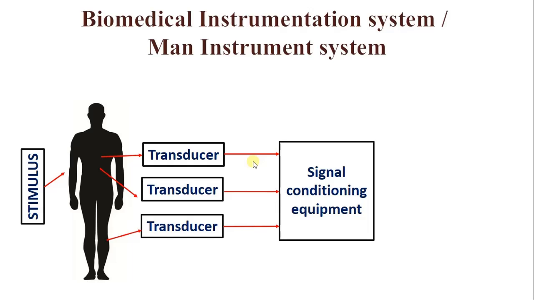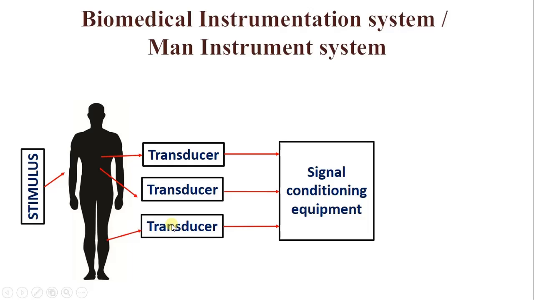The part of the instrumentation system that amplifies, modifies, or in some other way changes the electrical output of the transducer is the signal conditioning equipment. It is used to combine or relate the output of two or more transducers.